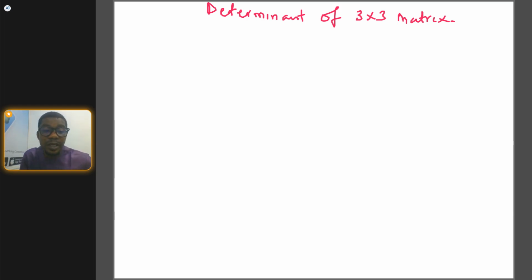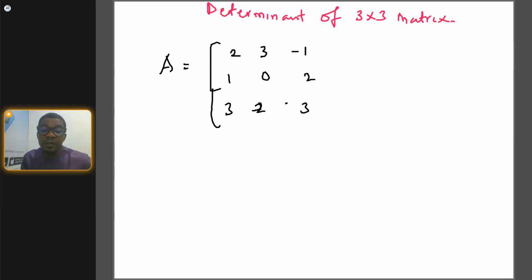We are given the matrix A equals 2, 3, minus 1, 1, 0, 2, 3, 2, 3, minus 2, and 3. And we are asked to find the determinant of this expression. First thing is to put a sign plus, minus, plus.